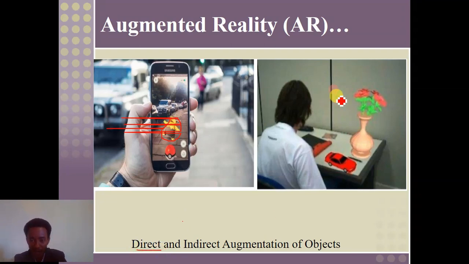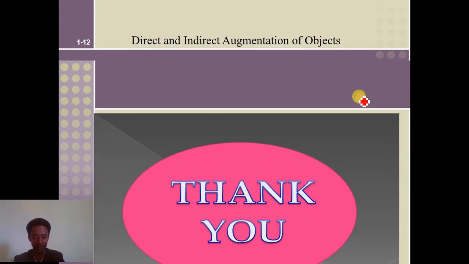The other one is indirect augmented objects. After you capture your real world entity, you can add computer generated effects in front of your image, in front of your real world entity. This is what we call indirect augmentation of the objects.